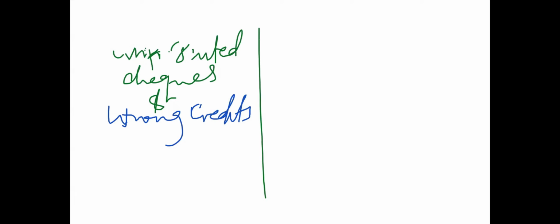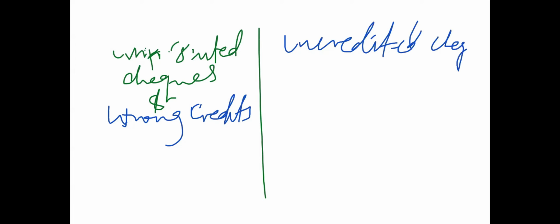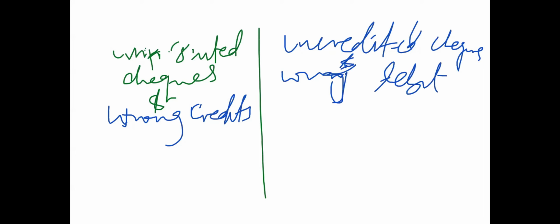And then the error that will have an effect which is the same as the uncredited checks, as well as the wrong debits, will also come this side. So we can have errors here and errors here.